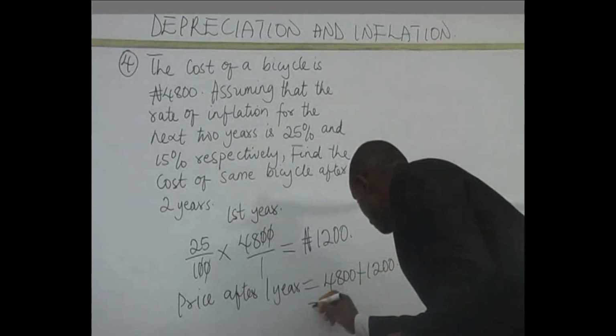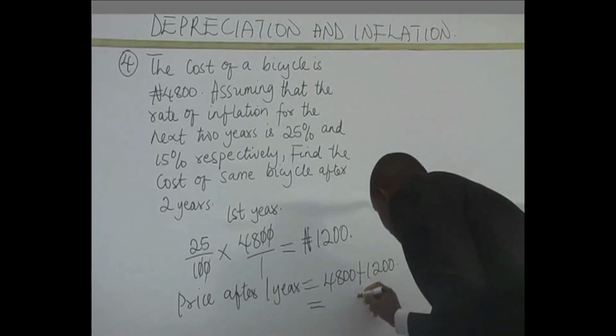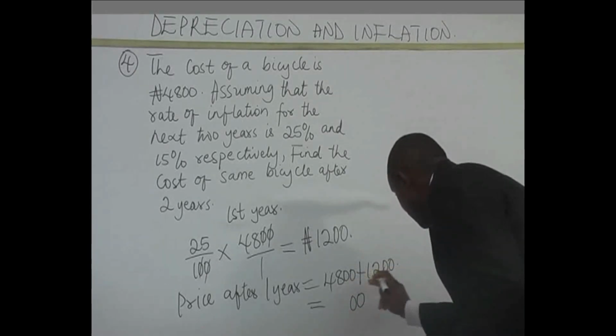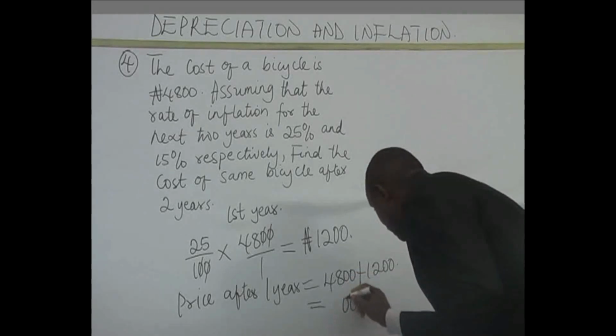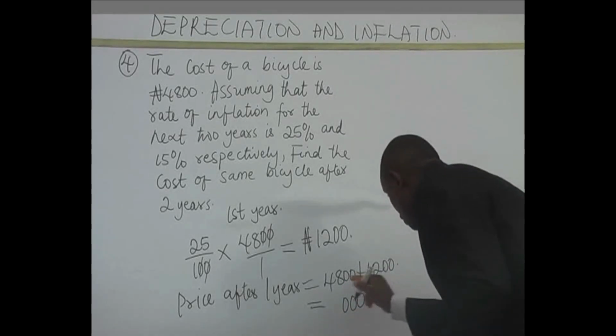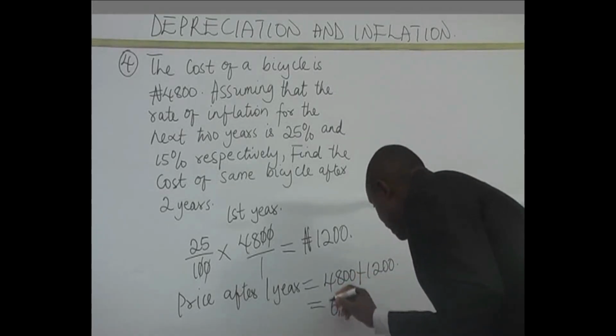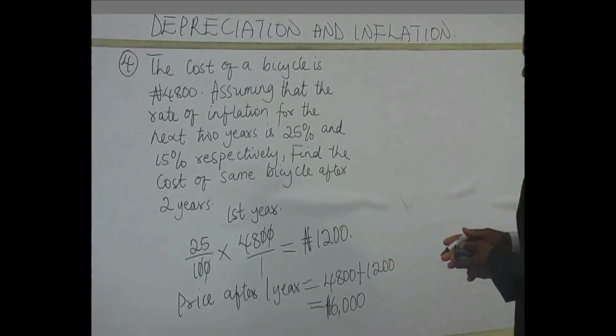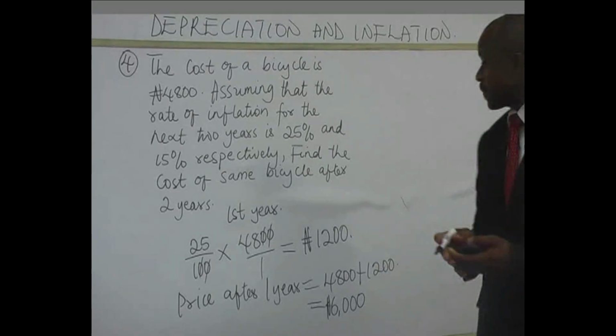Adding these, 0 plus 0 is 0, 0 plus 0 is 0, 2 plus 8 is 10, raise 1, 1 plus 4 plus 1 is 6. You have 6,000. That is the price of that same bicycle after 1 year because of inflation.